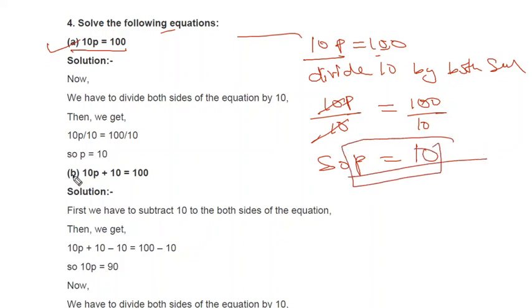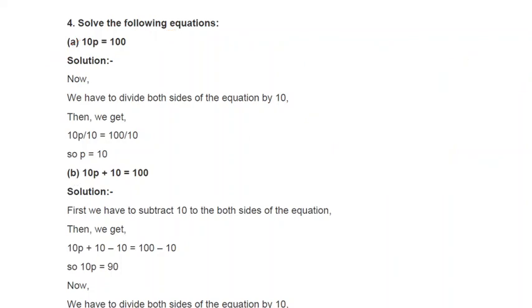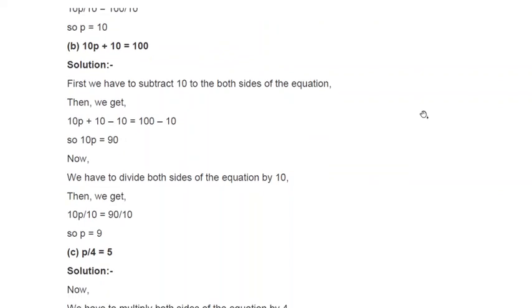Here same story. B will be there. Okay, we'll move to B. B has an additional step. What you can do here? 10p plus 10 equal to 100. Our first step is, as 10 has been added here, we'll subtract 10 from both sides of the equation.